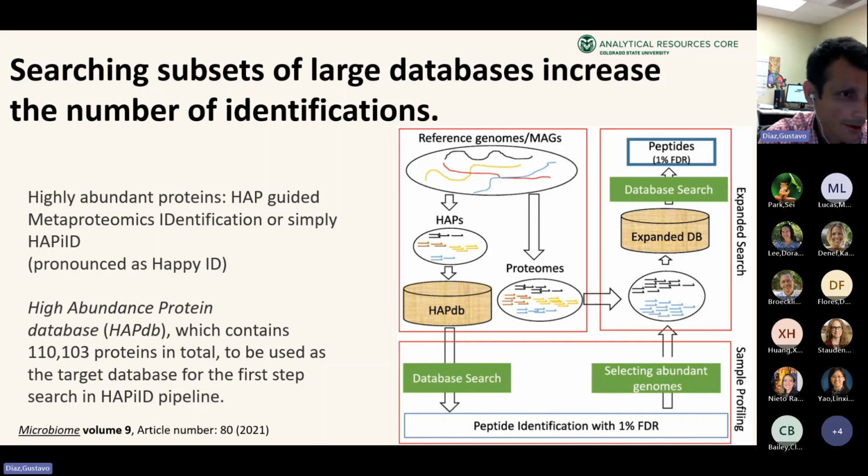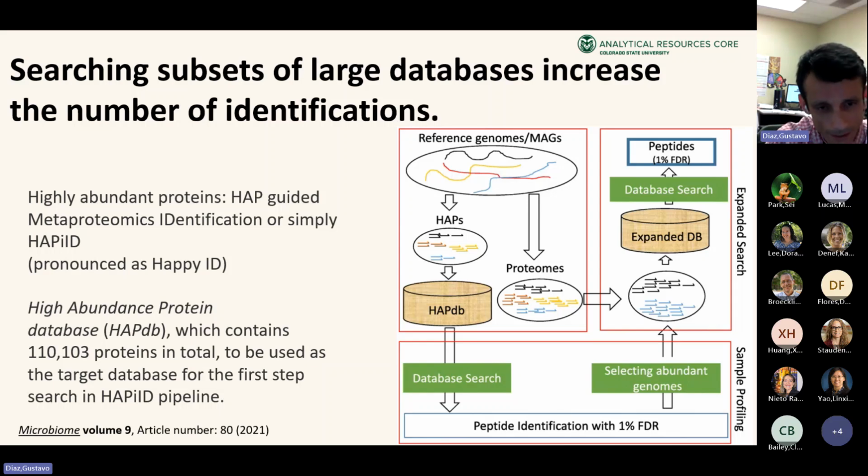Those highly abundant proteins are ribosomal proteins and elongation factors. In this case, the first search is known as profiling the metaproteome. We use all reference genomes, all genomic information, and we extract from that highly abundant protein sequences, and we build this highly abundant protein database.